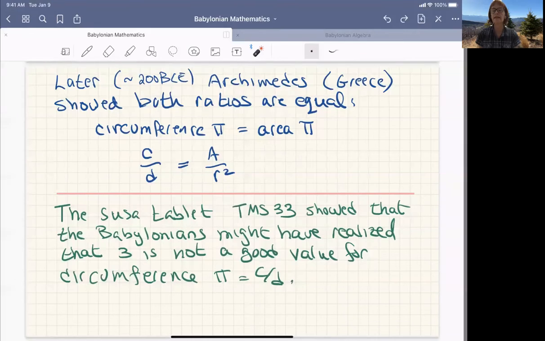Basically, they used words to describe what steps they were doing. So yes, they knew about reciprocals. They knew that multiplying reciprocals gave you 1. Okay, that was a great question. Thank you.